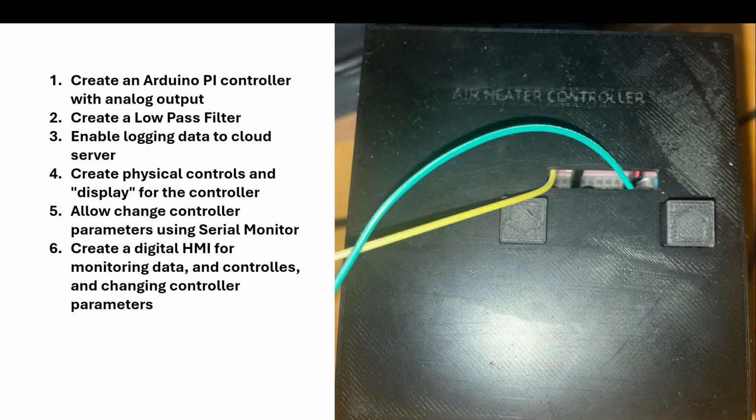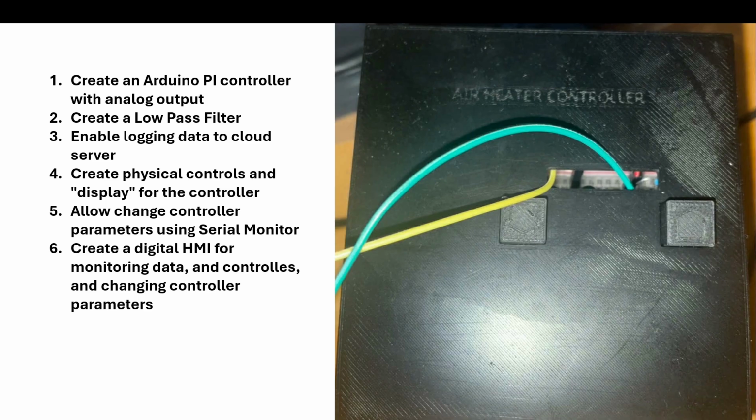The requirements for the system were to use an Arduino to create a PI controller with an analog output to control an air heater, which is regulated with a signal from 0 to 5 volts and which returns a temperature.